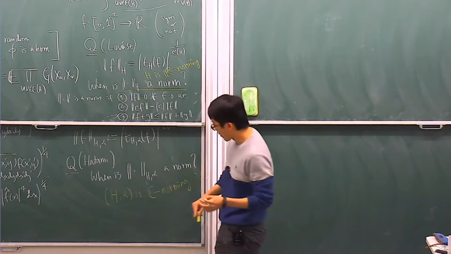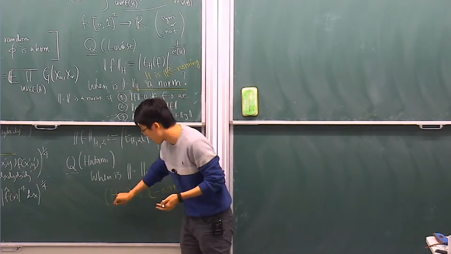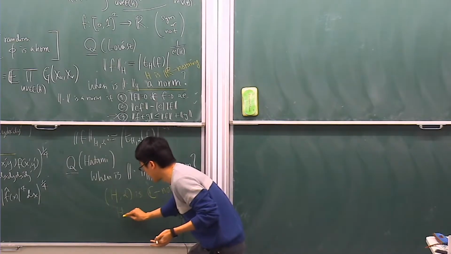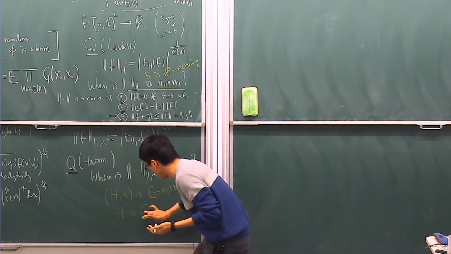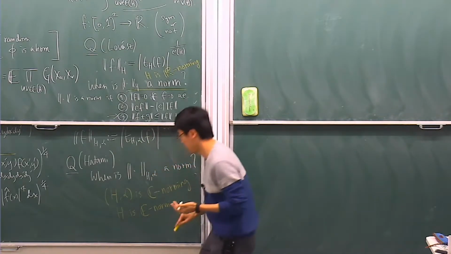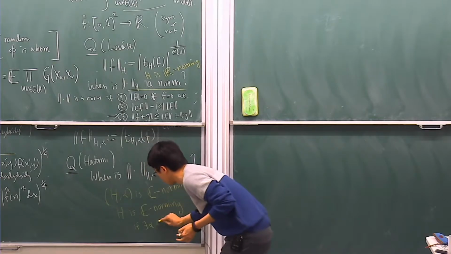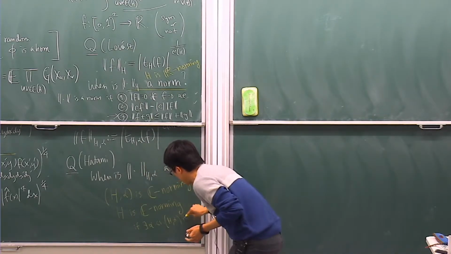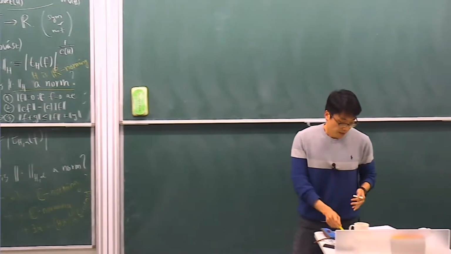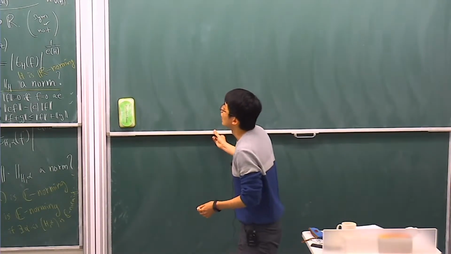And furthermore, if there's a two-edge coloring that makes the color graph H alpha complex norming, then I would simply say that my graph H is complex norming. If there exists alpha such that H alpha is norming. Okay, so far so good.